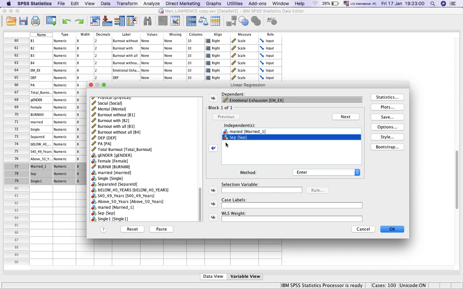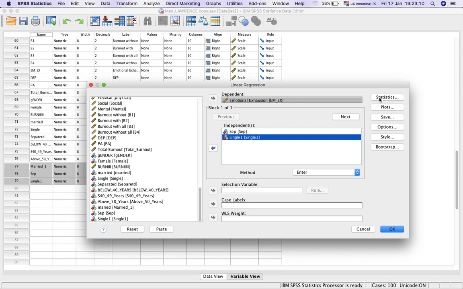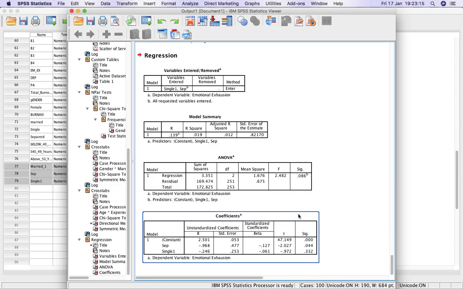Let's leave married outside, because married is in between separated and single. Then we run the regression.